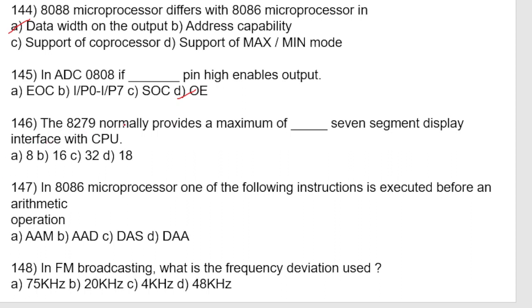The 8279 normally provides a maximum of 16 seven-segment displays to interface with the CPU. In the 8086 microprocessor, the instruction executed before an arithmetic operation is AAD, option B. In FM broadcasting, the frequency deviation used is 75 kilohertz, the standard, option A.